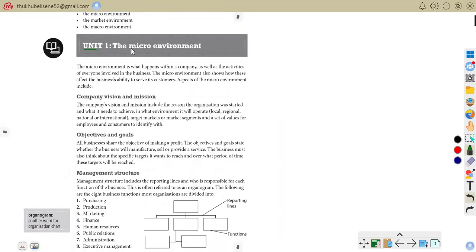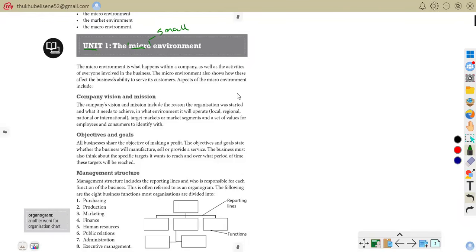Unit 1, the micro environment. When you talk of micro, micro means small.